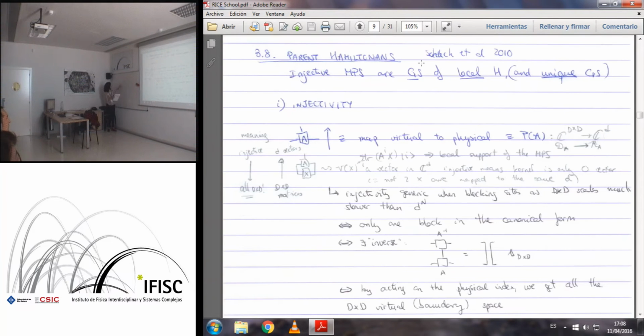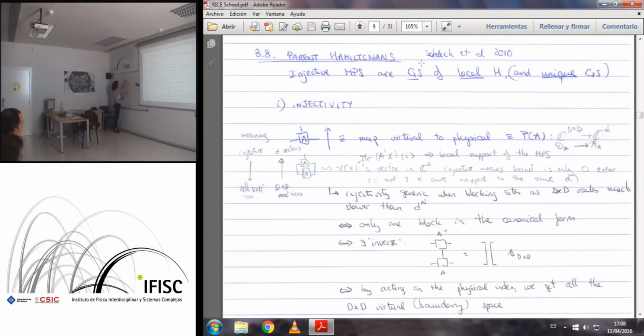If you look at an MPS, injectivity is something that happens for most MPSs that you can construct. Not for a single tensor, but see what happens with MPSs. If you take two sites, you can construct a bigger tensor, an effective site which corresponds to two sites, and the physical dimension increases, it's the square, but the virtual dimension is still the same.